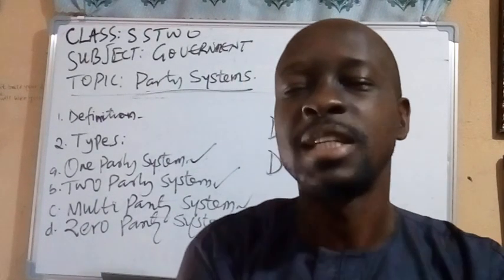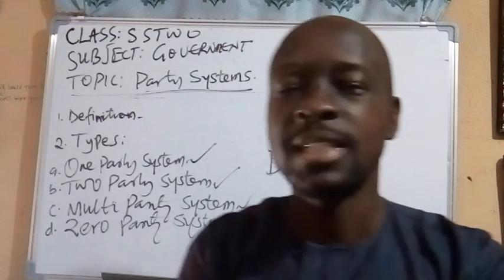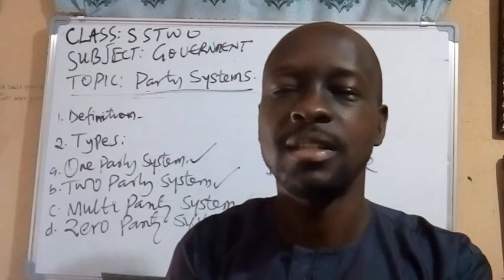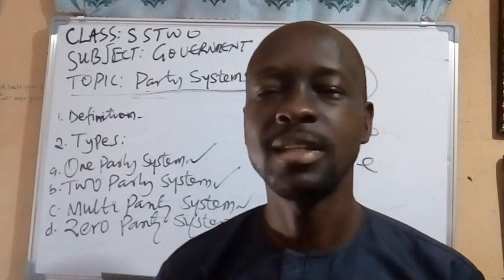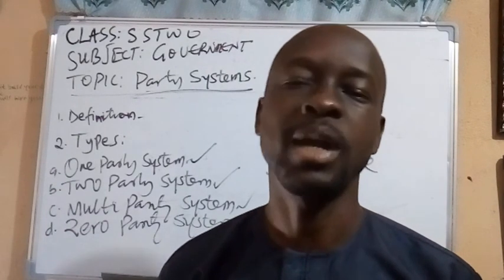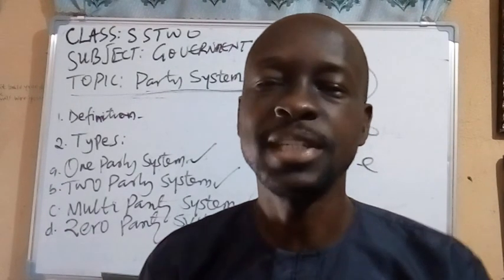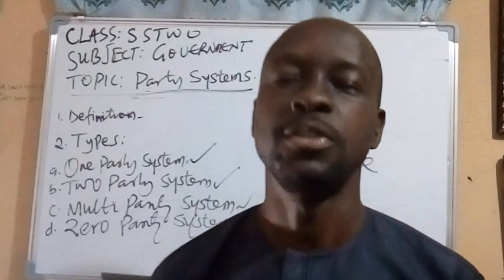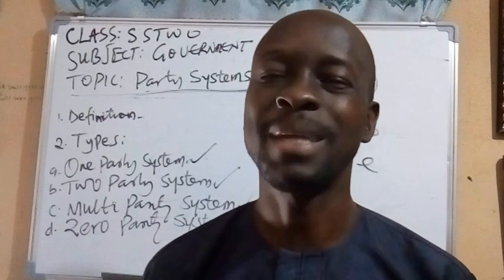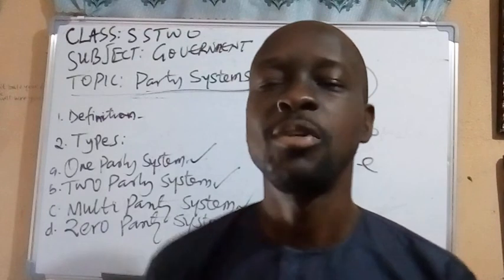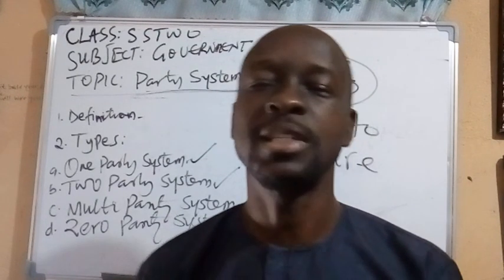We've had 2 cases in Nigeria, the 1976 local government elections and the 1997 local government elections. All were conducted on the basis of no party. Parties did not take part in those elections, so they are called zero-party elections.